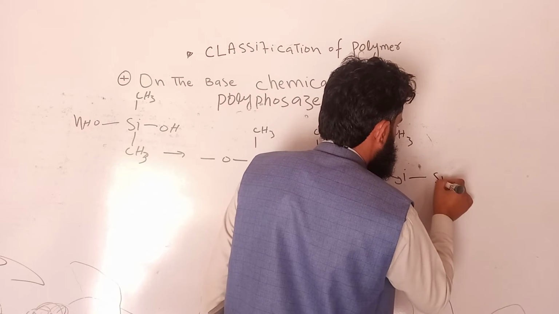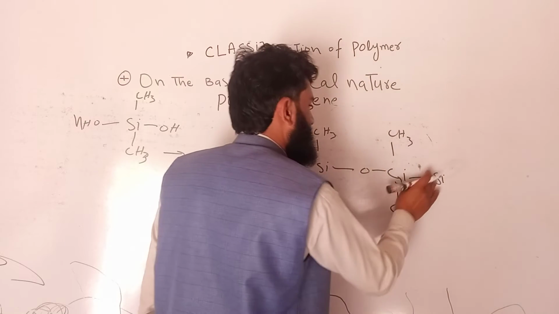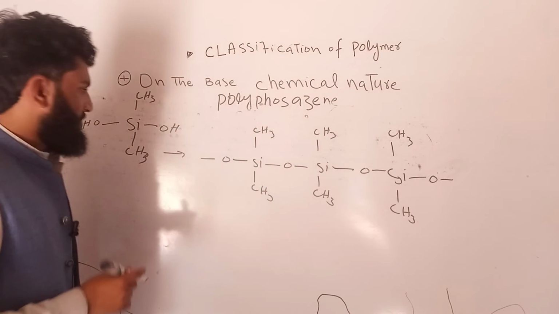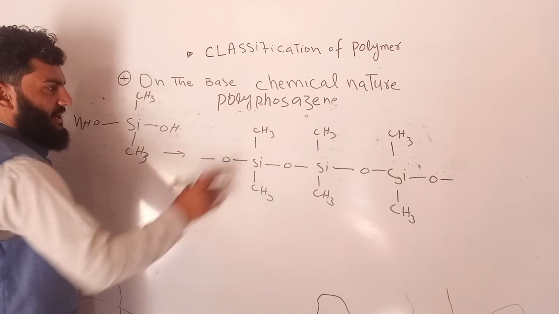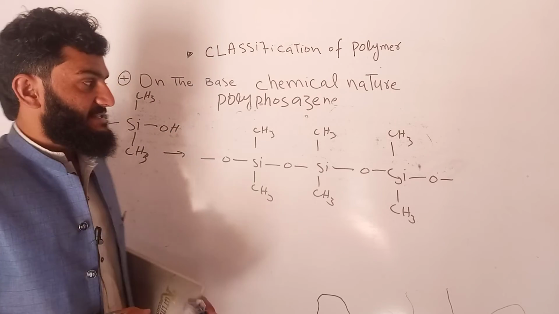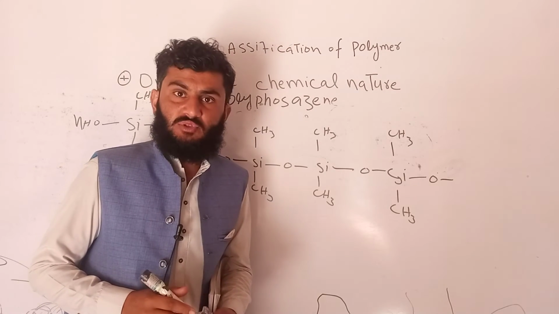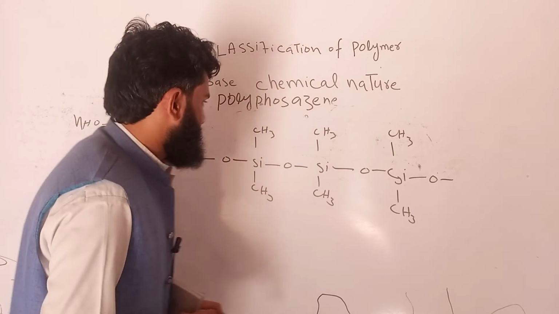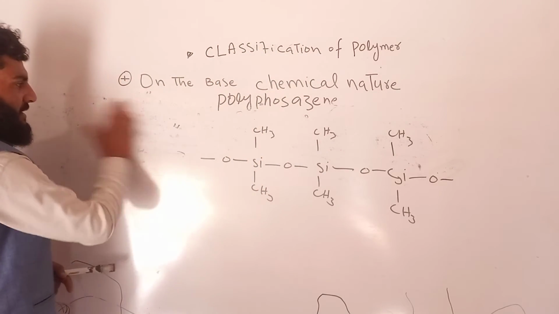Again there will be silicon, there will be oxygen, and so on. Clear? So this is the polymeric chain of siloxane.